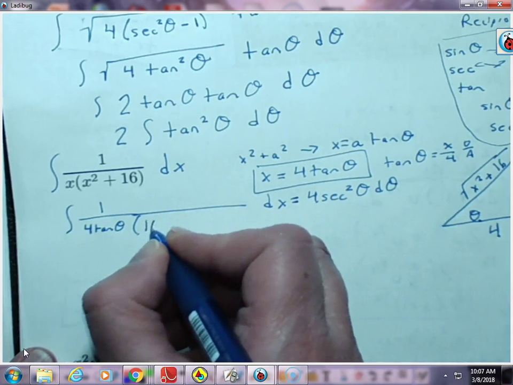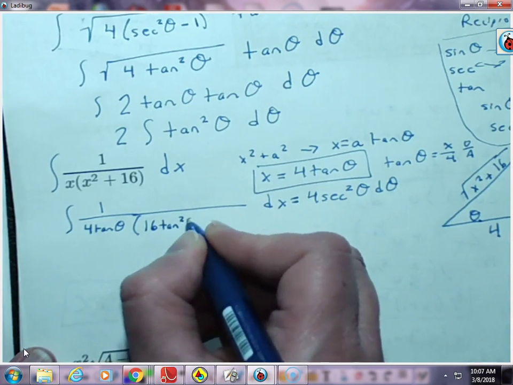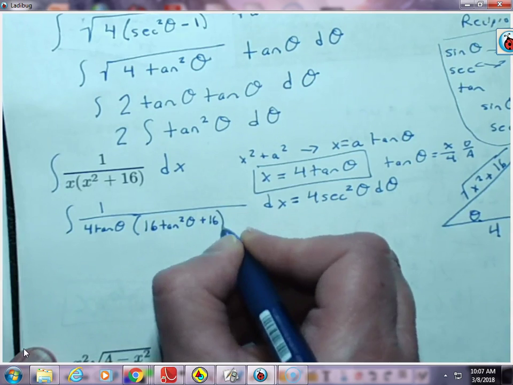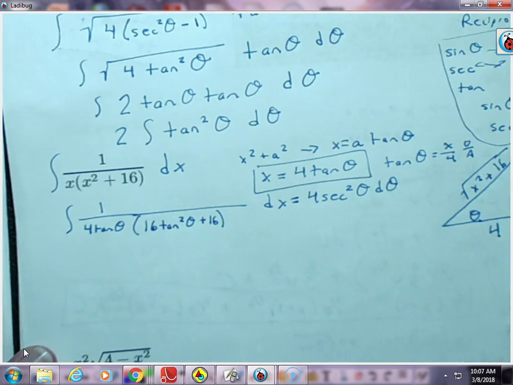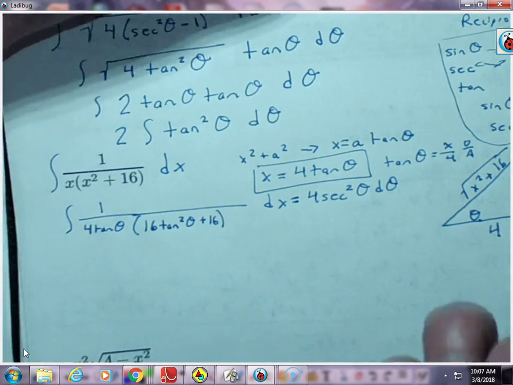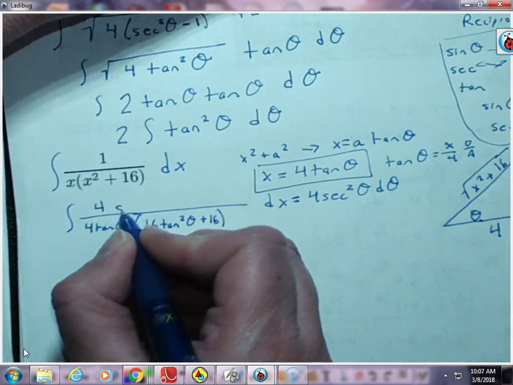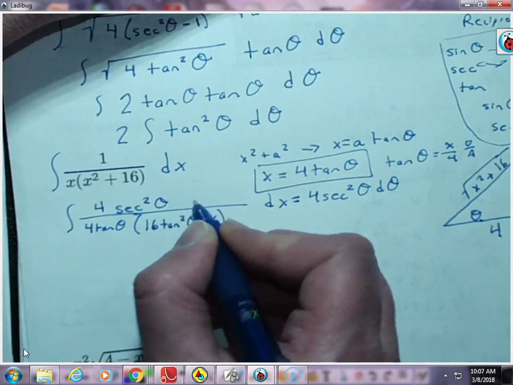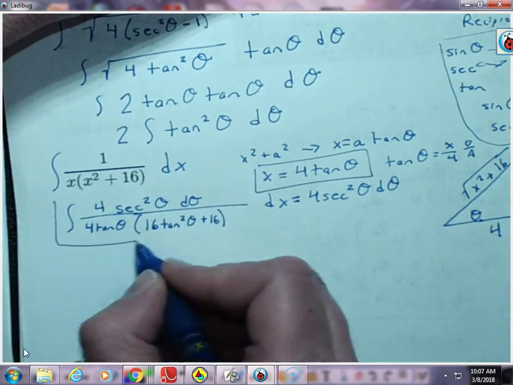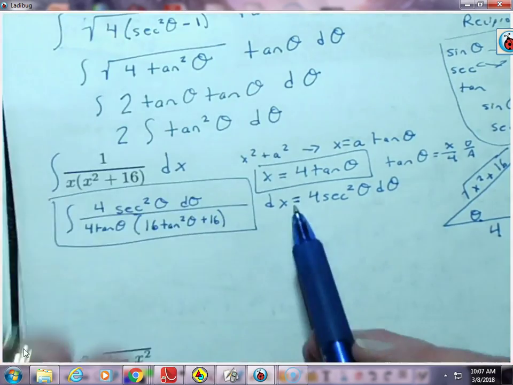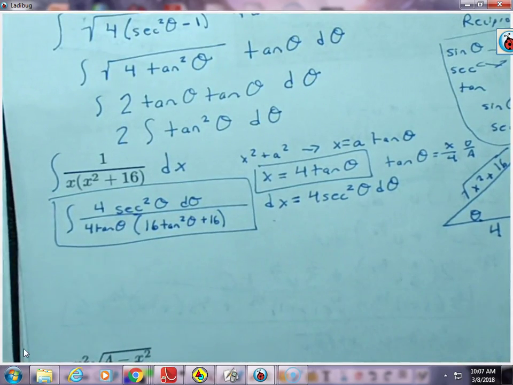So that'd be 16 tangent squared theta plus 16. Can I put the dx in the numerator, or do you need it to the side? Put it aside first. I've got enough votes for the numerator because I just don't have the room. If you want to write dx to the side, you would just have 1 in the numerator, but I just didn't have room.